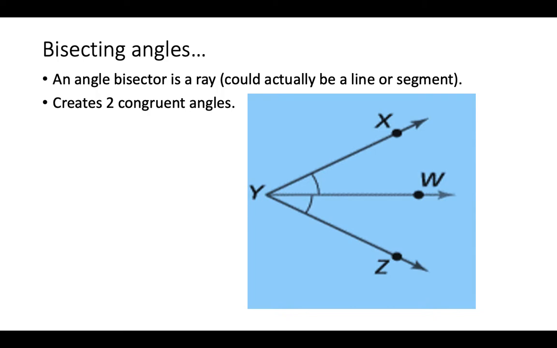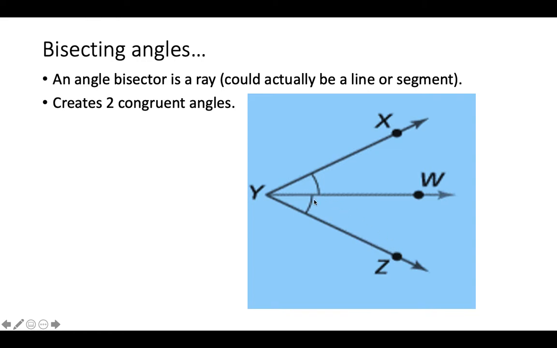All right, bisecting angles. Just like we talked about bisecting segments, to bisect means to cut it exactly in half. Exactly in half. And so you can already see the congruency marks here. This one mark and this one mark means that angle XYW, this angle here, is congruent to angle WYZ.